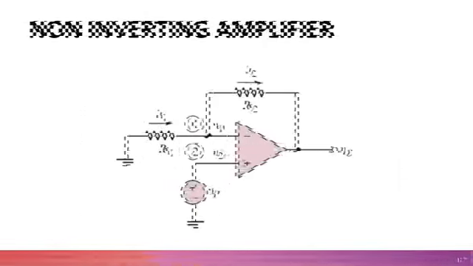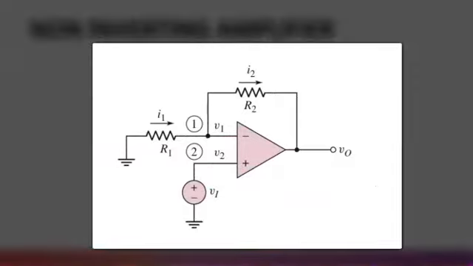Next, we discuss the non-inverting op-amp gain. The circuit for the non-inverting op-amp is shown below. In general, it offers a higher input impedance than the inverting op-amp circuit.